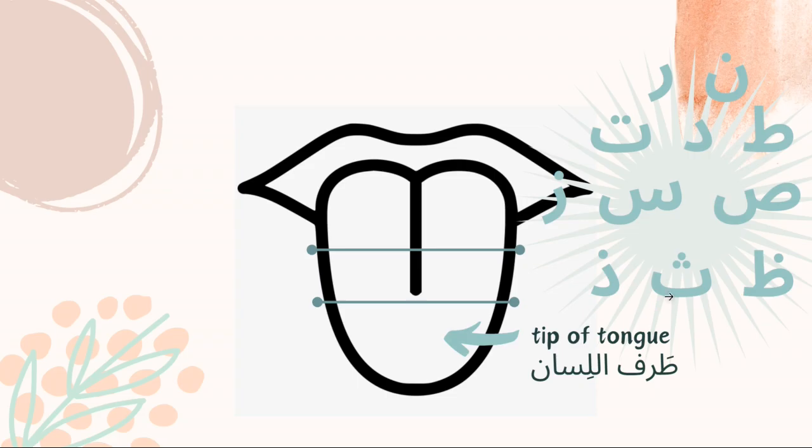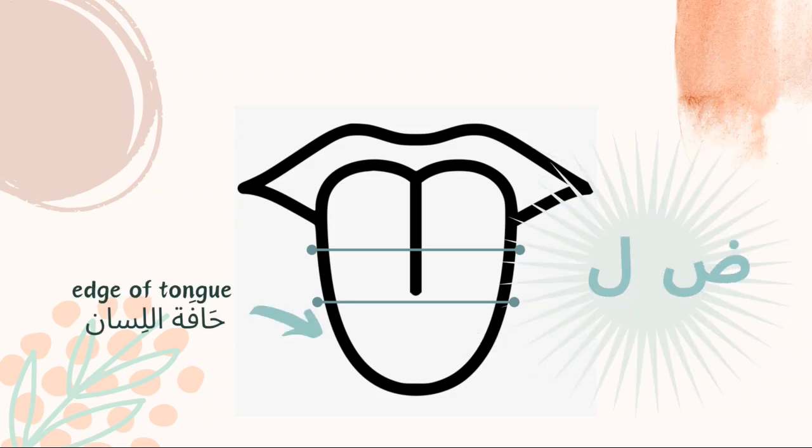So we have 3, 3, 3, that makes 9, and then we have 2, that makes 11 letters pronounced from the tip of the tongue. We are going to talk in more detail regarding this. This is just an introduction to the letters.